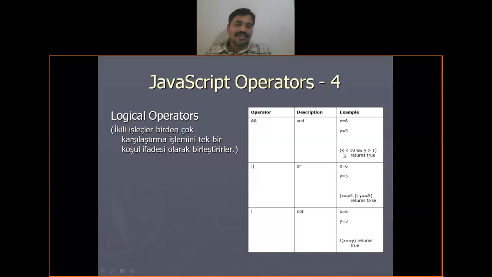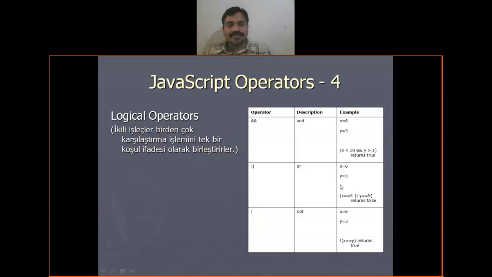So I have to check x less than 10 and y is greater than 1, return a true. Two conditions I want to check there, so that case is required, you have to check with a logical operator. If you want a single value you can check it, so that time your and operator is not required. If you have to check the two conditions, then you can use it, otherwise not required.